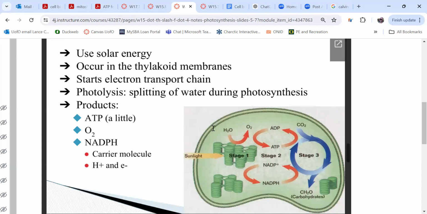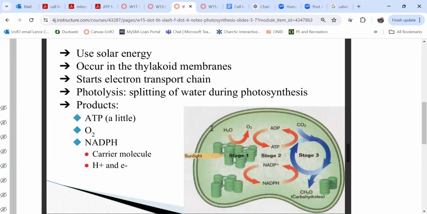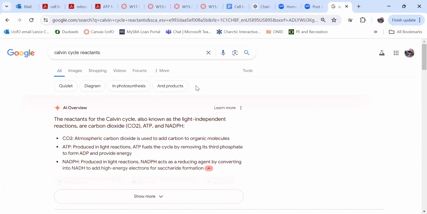All right, now for the light dependent reaction, the one that depends on light, would we say that sunlight is a reactant? Let's see. Get some help with the internet.